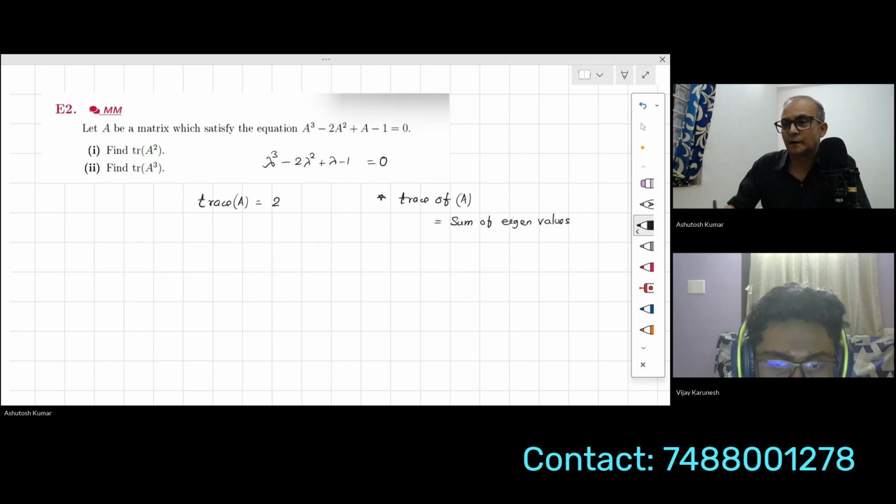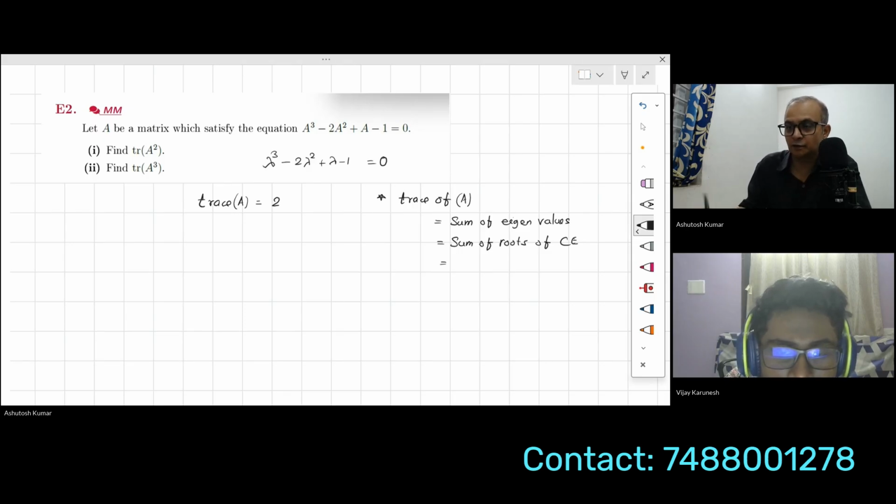It means the sum of eigenvalues means the sum of roots of this equation, the sum of roots of the characteristic equation, and the sum of roots is given by, in this particular question, 2 only, minus b by a, correct? Yes, sir. Understood?